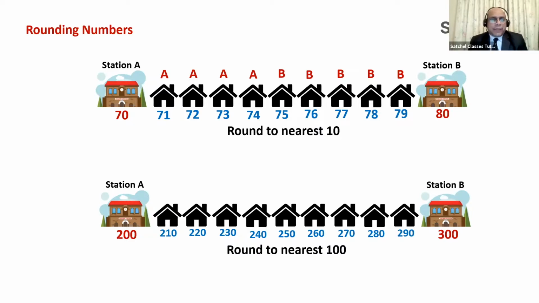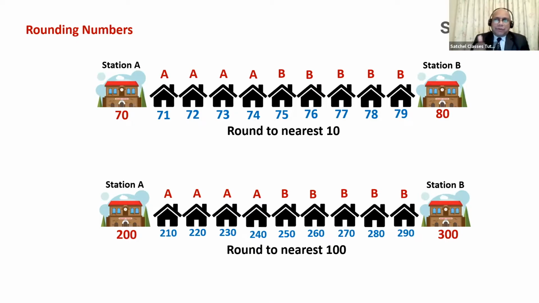Once again, the first 4 houses, that's numbers 210, 220, 230, and 240, are closer to 200, so they will all be rounded to 200 to the nearest 100. The last 4 houses, 260, 270, 280, and 290, will all be rounded to 300. And house number 250, because it is equidistant from both of them, will again be rounded up to 300 and not down to 200.